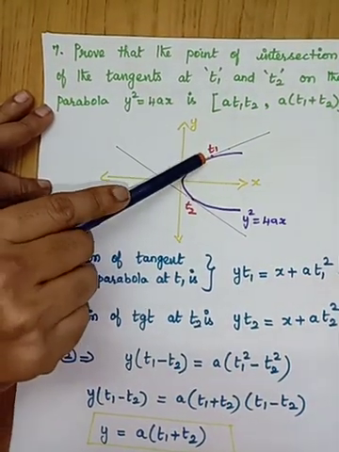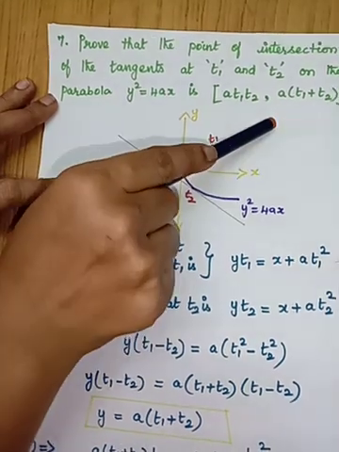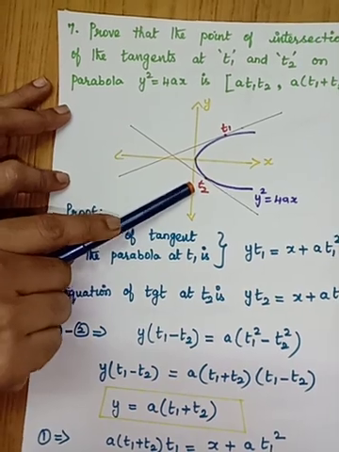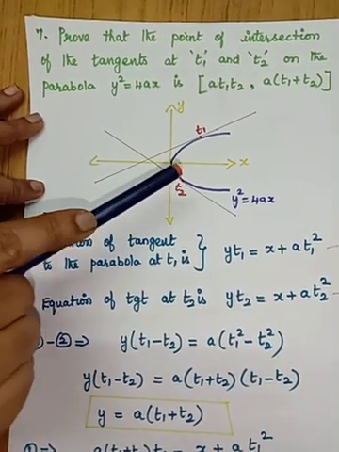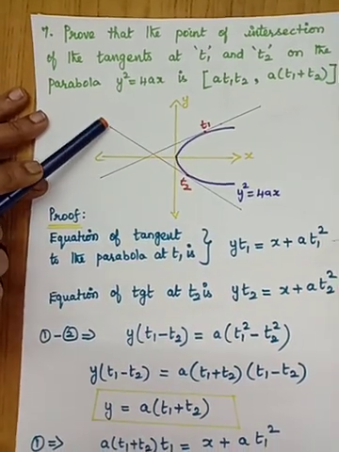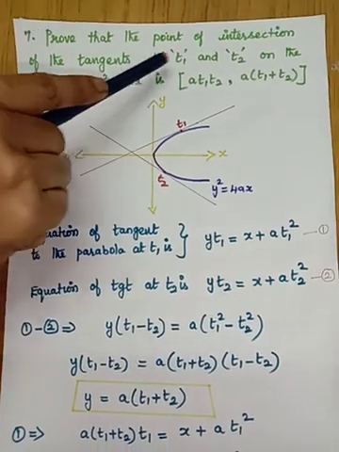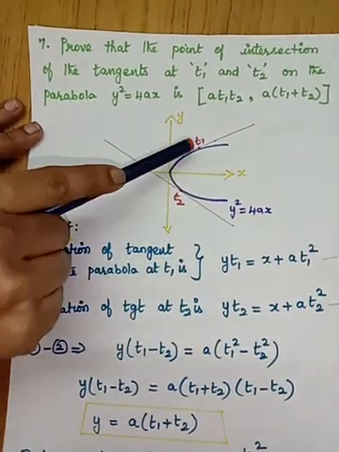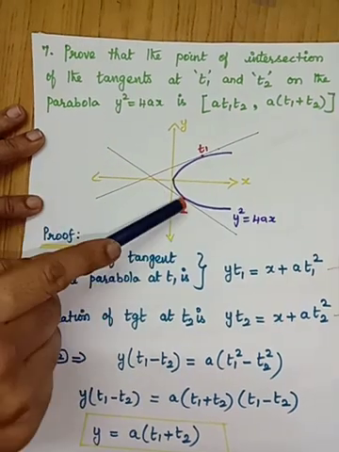So I have taken a point T1 here. From this I have drawn the tangent. In the same way, I will consider one more point on the parabola, that is called T2. At T2 we have drawn another tangent, because the words are given at T1 and T2. So we can draw one tangent at T1, another tangent at T2.